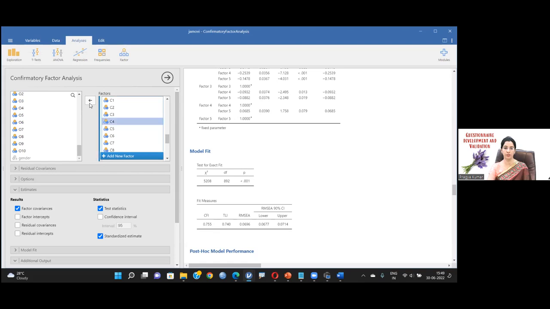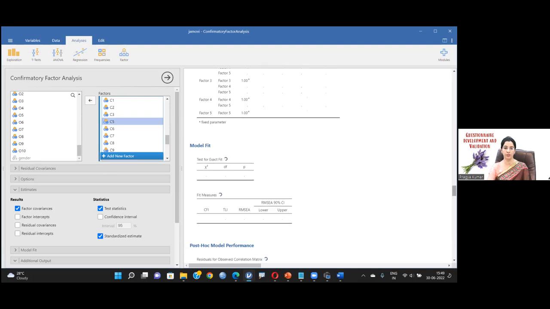So if I am moving this C4 in this window, then again you can see what is happening to this statistics. It takes some time. So we can see here, yes, it has improved.